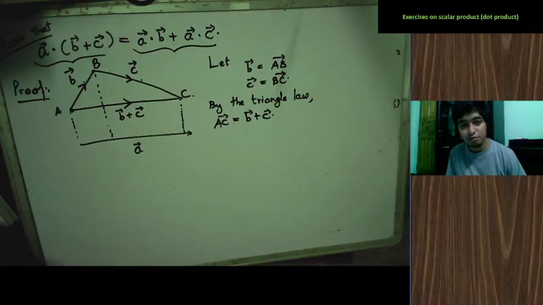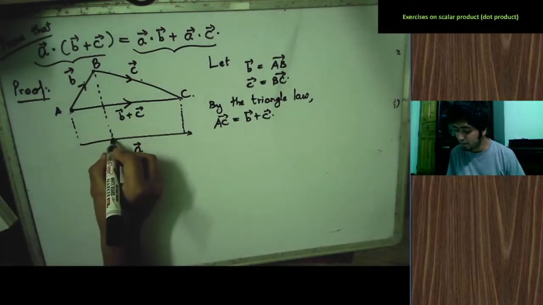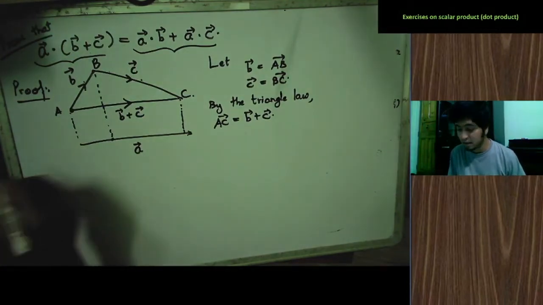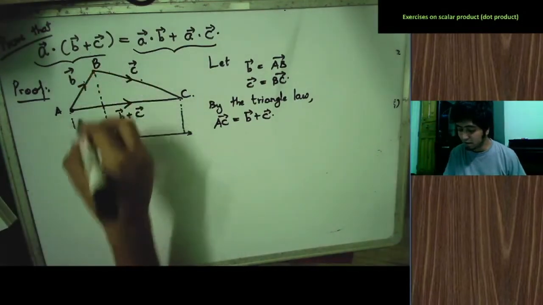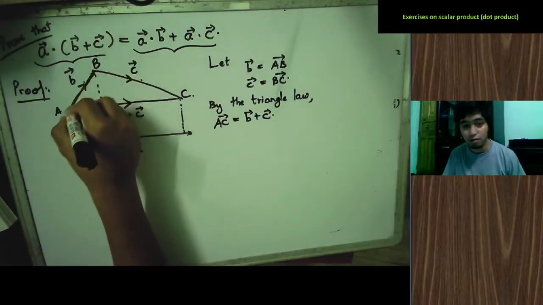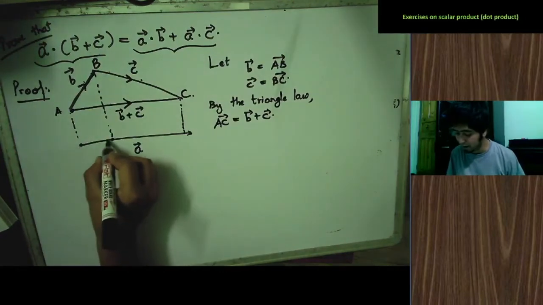Now comes the idea of projection. If you notice, just drop this shadow. Just drop the shadow of AB over here. Let us name this one LM.